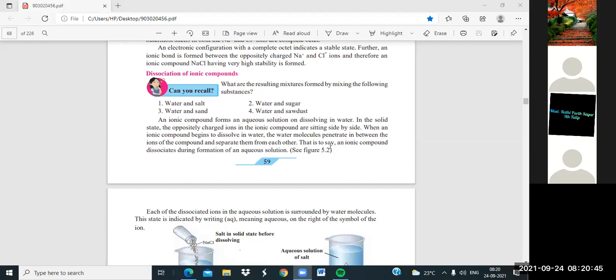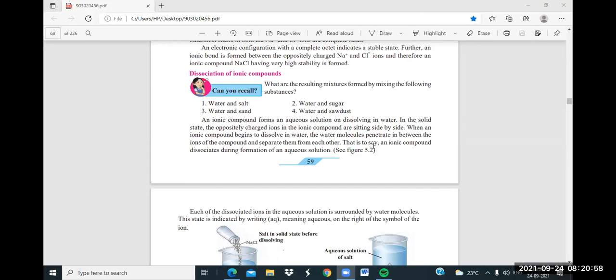Ionic compounds dissolve in water, and their opposite-charged ions sit side by side. The water molecules penetrate between the ions and separate them from each other, so they split apart. This process is called dissociation of ionic compounds.